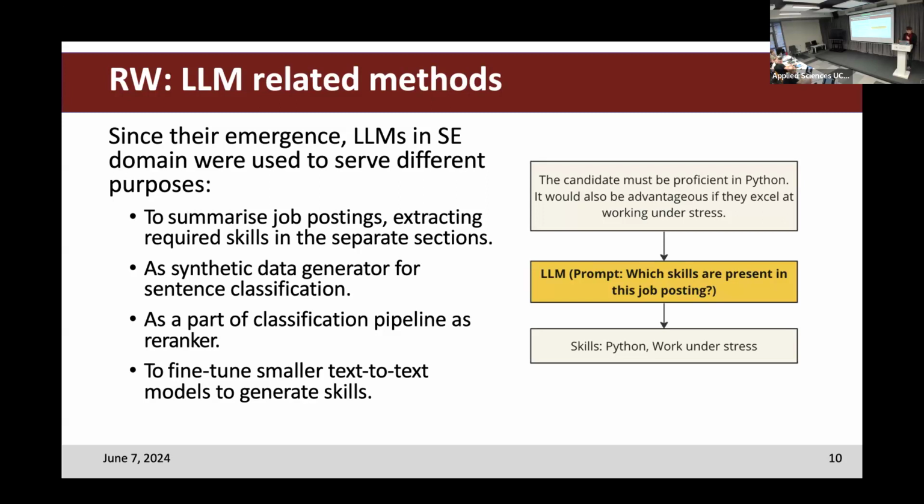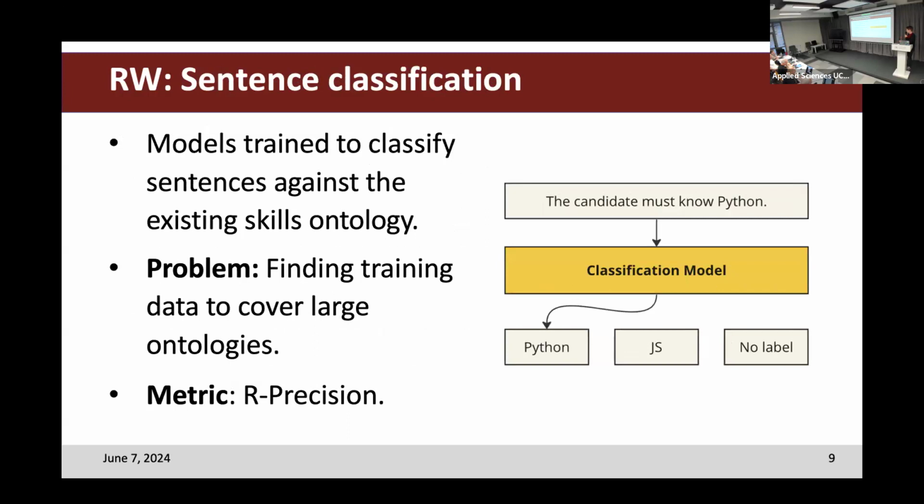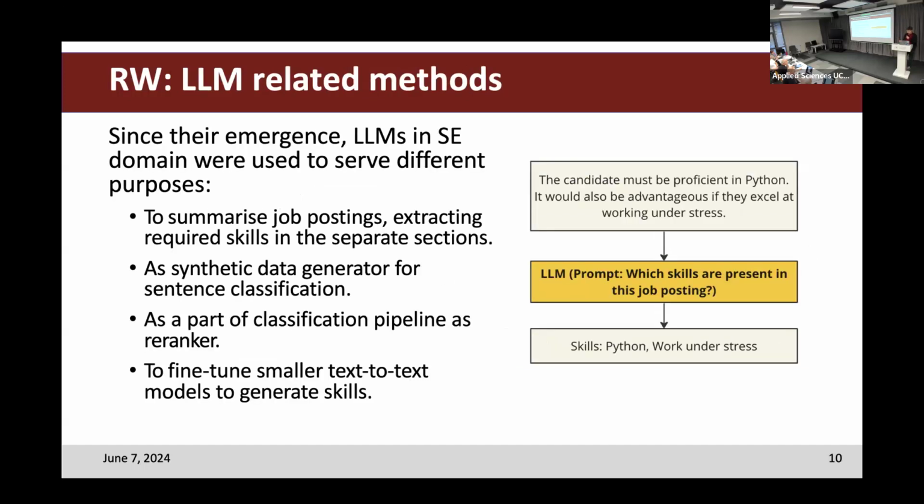Also, LLMs were used as a synthetic data generator for sentence classification. So in this previous approach, the LLMs could be used to generate sentences containing a skill, and that could improve this classifier. As a part of the classification pipeline, as a re-ranker, essentially the classifier classifies a sentence as containing a skill, and we ask the LLM if it's indeed in the sentence.